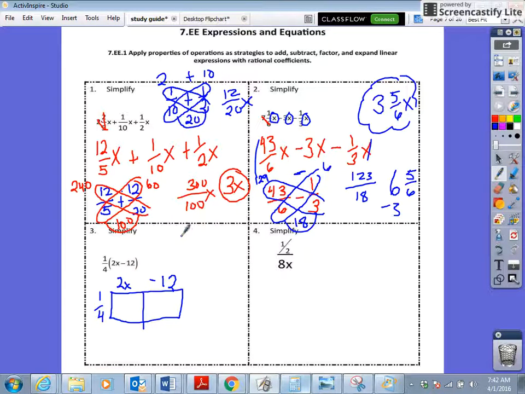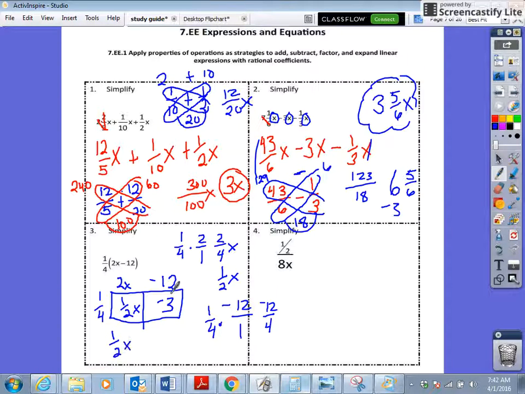So let's see. 1/4 times 2 over 1, that's 2/4 x. I'm going to go ahead and reduce that to 1/2 x because I know I can reduce that. So that's 1/2 x. Now, 1/4 times negative 12 over 1 is negative 12 over 4, which when I divide that is negative 3. As 12 divided by 4 is 3, so that's negative 3. So when I pull it out of the box, I have 1/2 x minus, because that's a negative, 3.